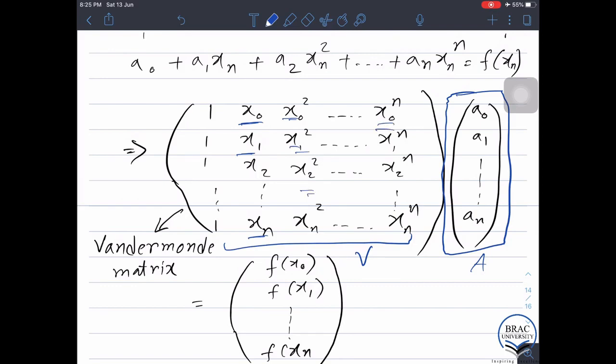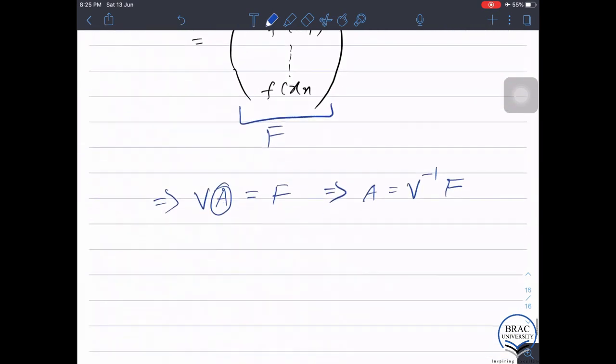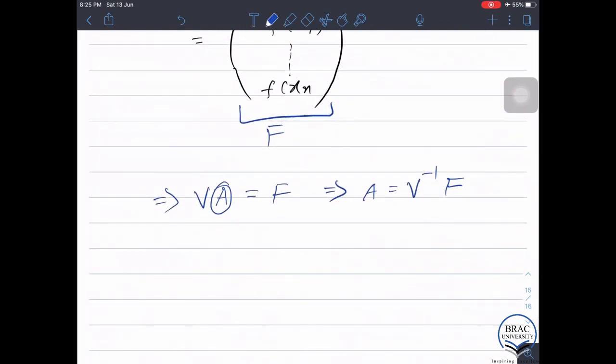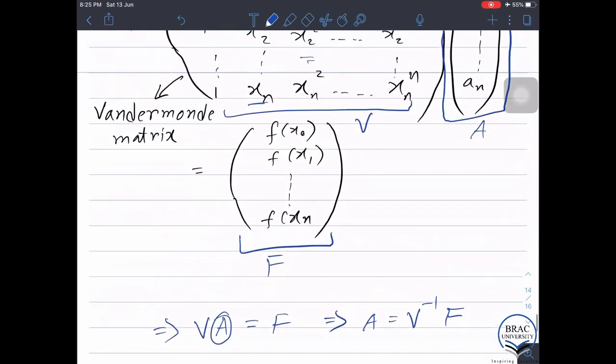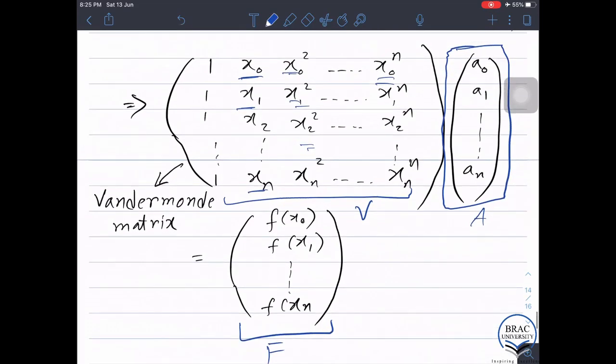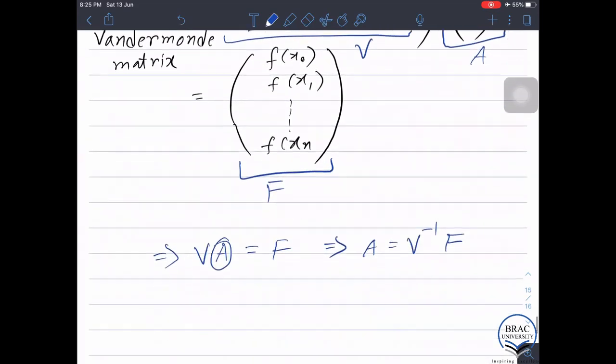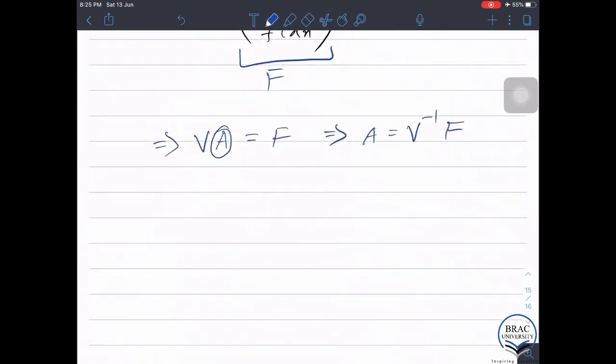So I know every single element from this matrix V. So once we have calculated all the numbers here, we can calculate the inverse. So then we can get A. But there is a condition, that is, this matrix V has to be invertible. Otherwise it won't be solvable, right?